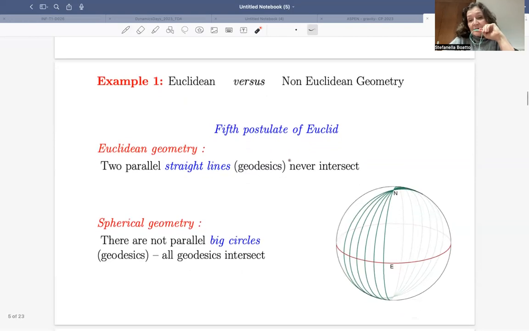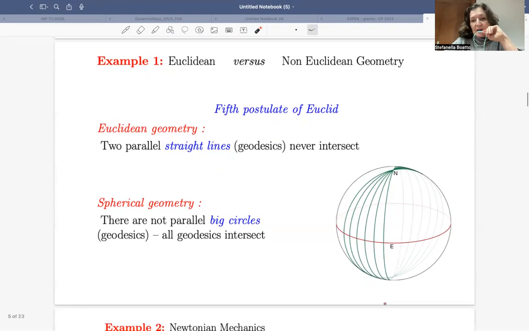For example, we're very familiar with the fact that spherical geometry is the Earth, with the extension of the notion of geodesic, the great circle. These great circles all cross at the poles, the ones that come from the meridians, even though in principle they are all perpendicular to the equatorial circle.